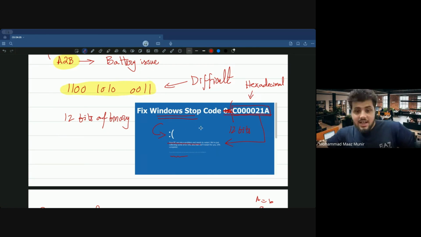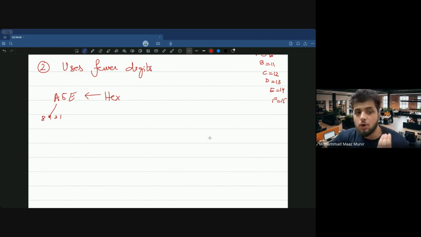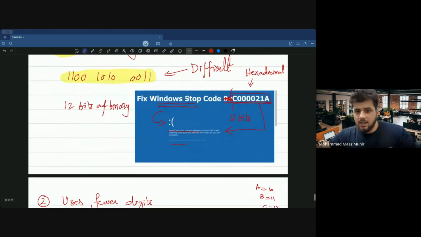Just like that, A5E might be some sort of an error. But now, why do I write A5E? Let's say there is an issue with my computer and the computer gets a problem. This is an official way, an original screenshot of what happens when your computer runs into a problem. The issue is that you are not given binary up here.